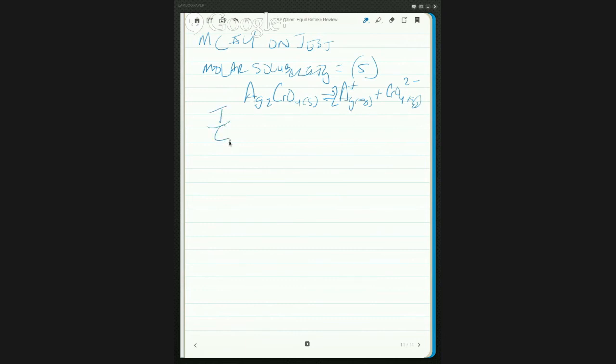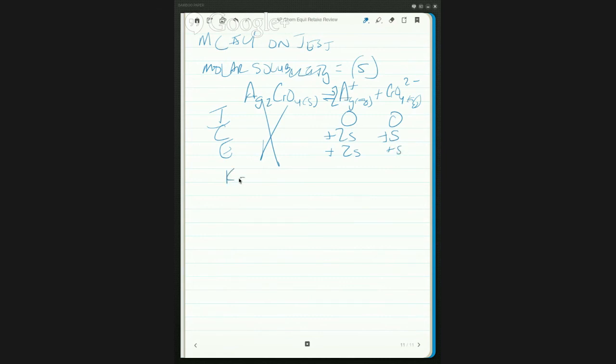If we did an ice table, the solid would not be there. And molar solubility S is the ion that is only one of. So there's S, and this is 2S. I jumped the gun just a wee bit. These are both initially 0. Then it's S for that and 2S here, and at equilibrium, it's plus 2S and plus S.